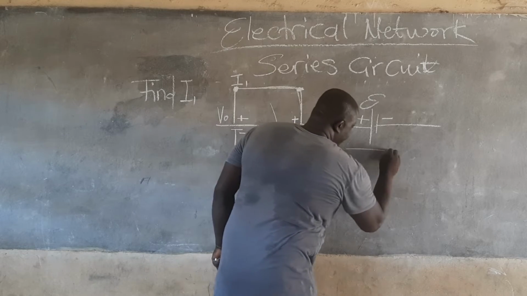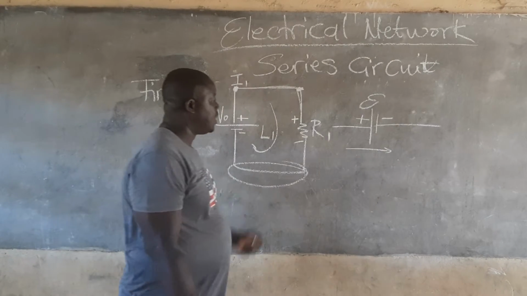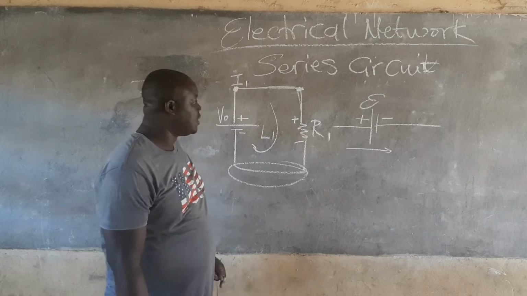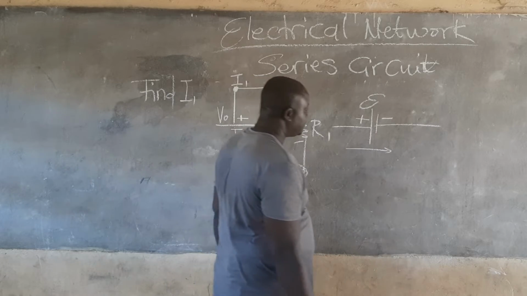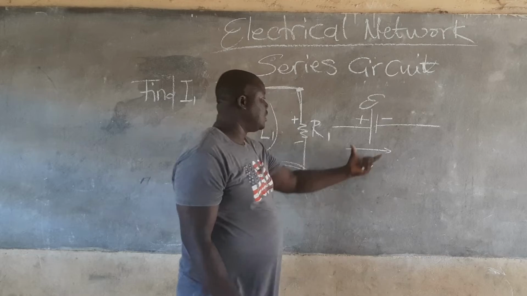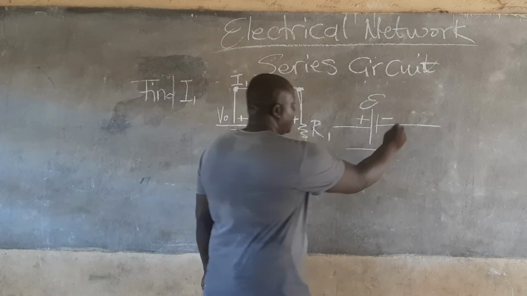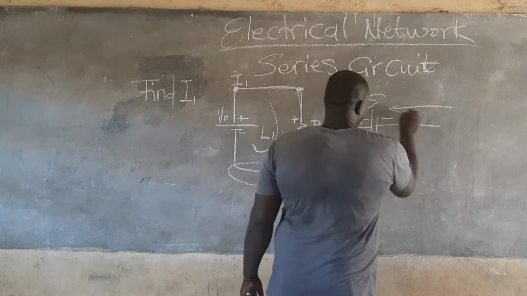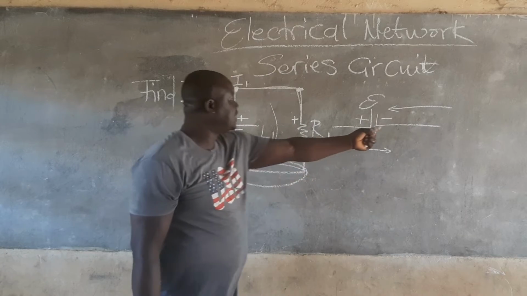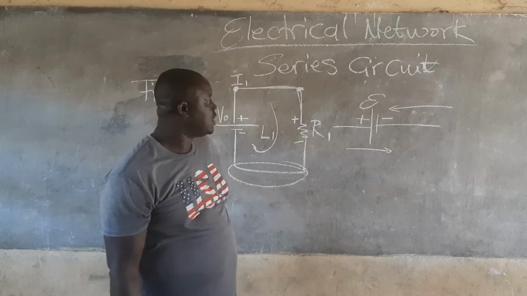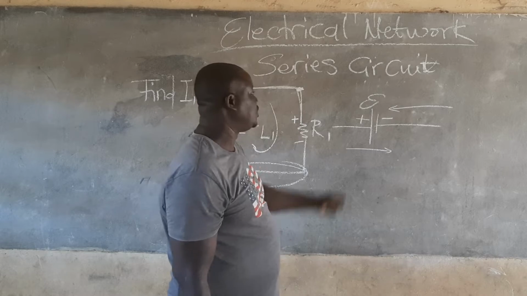When the current is moving from here in this direction, it's a voltage fall. When the current is moving in this direction from negative to positive, it's a voltage rise.